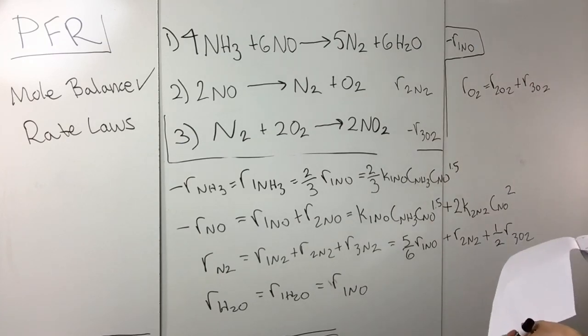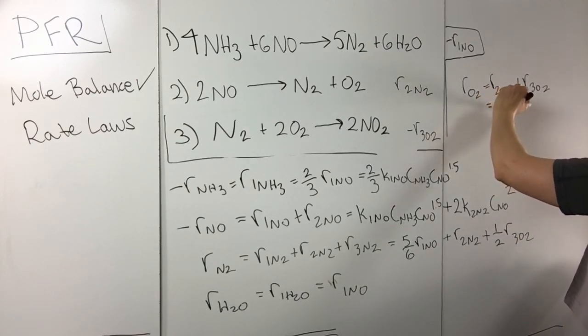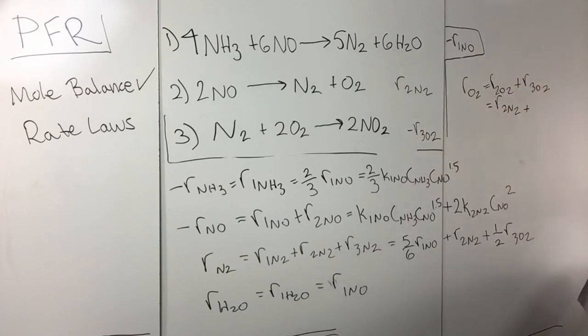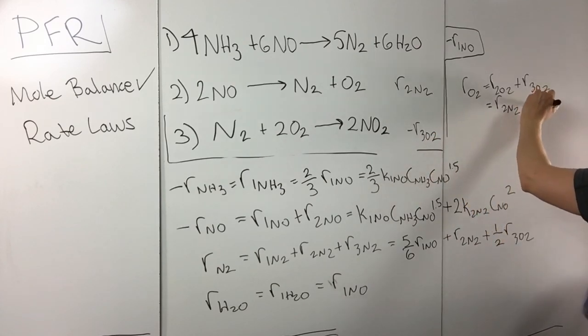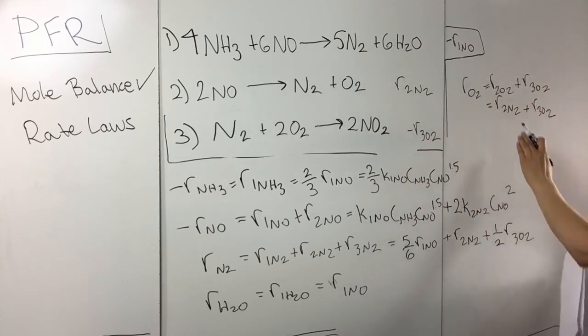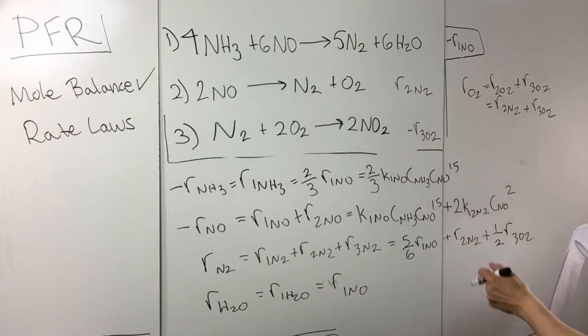And we know that R2_O2 was equal to R2_N2, which is known, plus R3_O2, which is known. So now you can just plug these in here and you know the rate for O2.